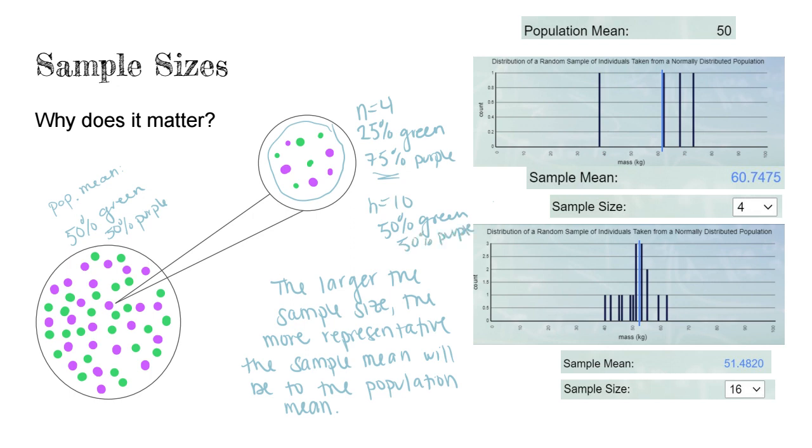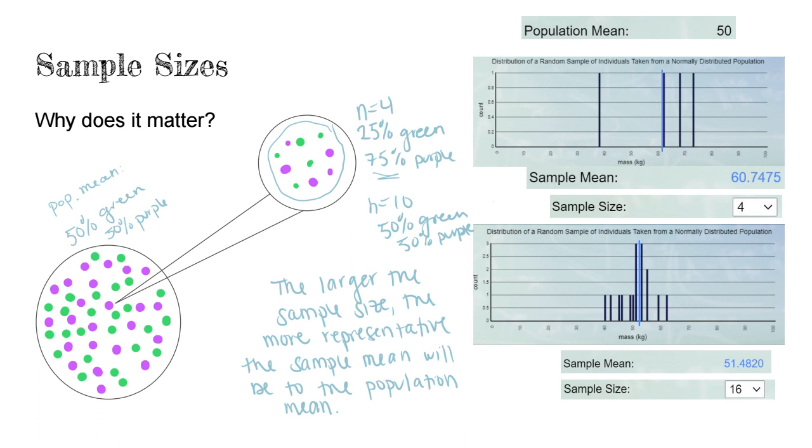Just to let you know, the population mean is 50%. So as we add more individuals to our sample size, our mean becomes more representative of the population mean. And our goal is that our sample is a representation and can be applied to the entire population.